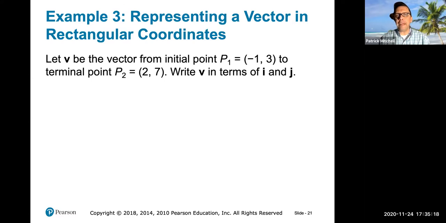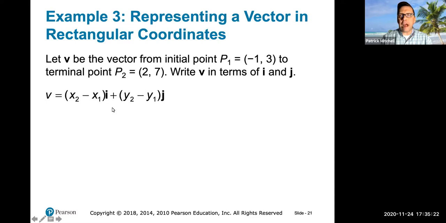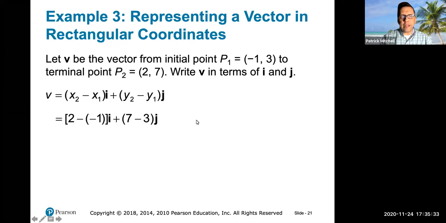We're going to write v in terms of i and j. So subtracting those coordinates, x2 minus x1 is 2 minus -1. y2 minus y1 is 7 minus 3, which gives us 3i plus 4j.